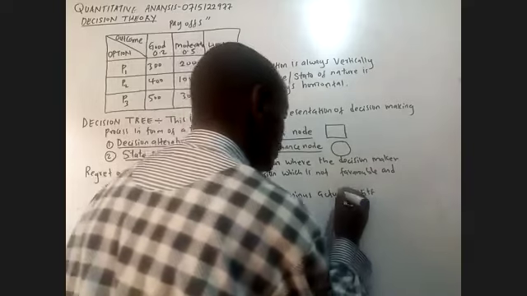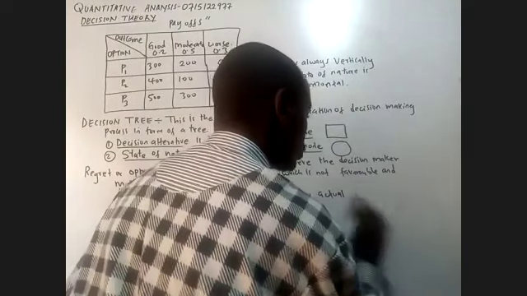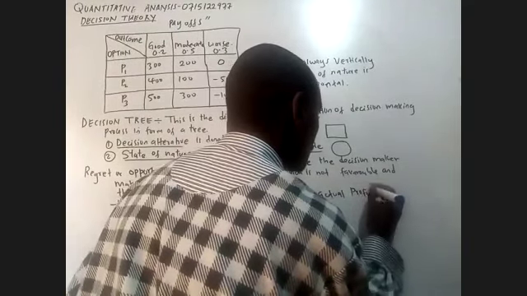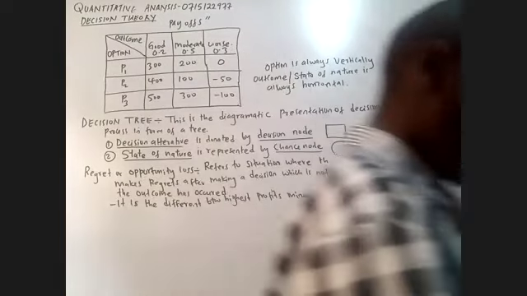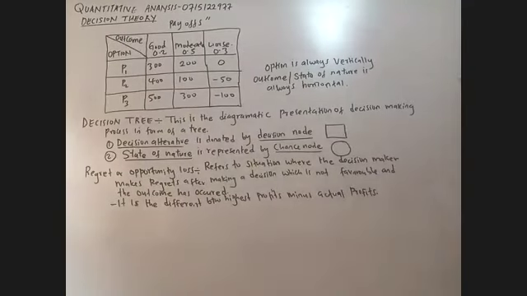So it's the difference between the highest profit minus actual profits. I think that one is okay.